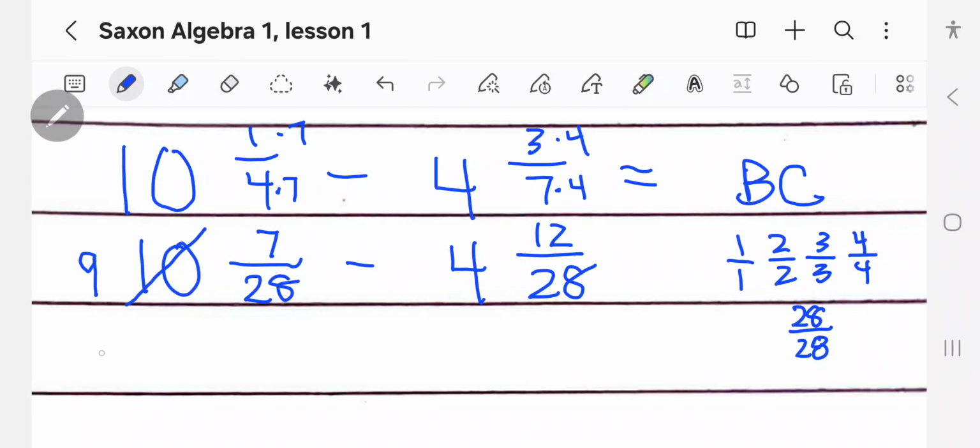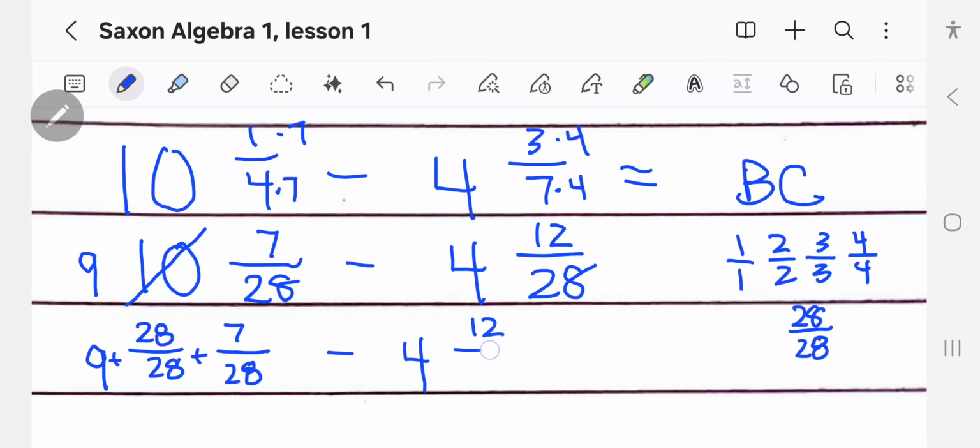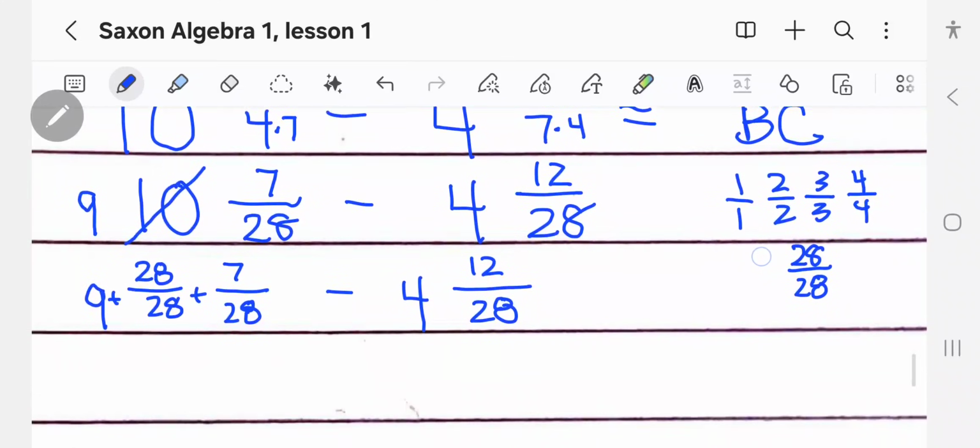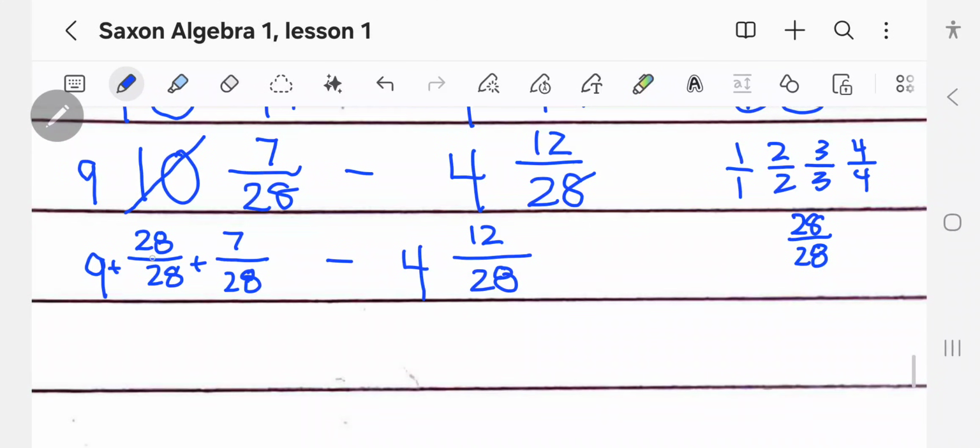So let's rewrite that. Our whole number will be 9. The 1 we took away is 28 28ths. And then I've got the 7 28ths that I already had. And all of those are together. And then I'm going to take away 4 and 12 28ths. So let's put those together. 28 28ths plus 7 28ths would be 35 28ths.